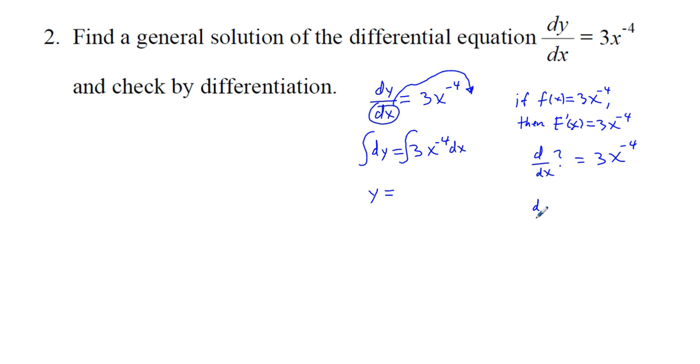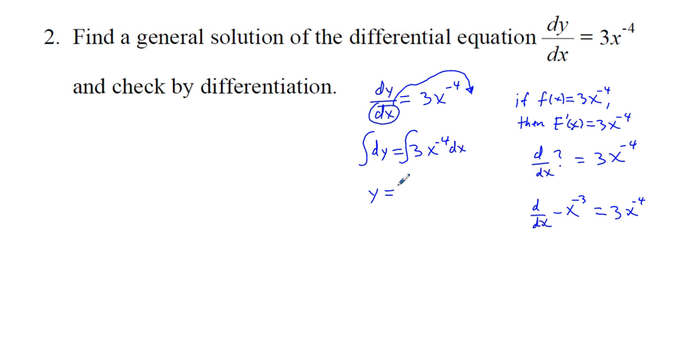So I'm going to say d/dx of negative x to the negative third power. What is that going to be? We're going to multiply negative 3 times the negative sign and get 3, and then we have x, and we subtract 1 from negative 3 and get negative 4.